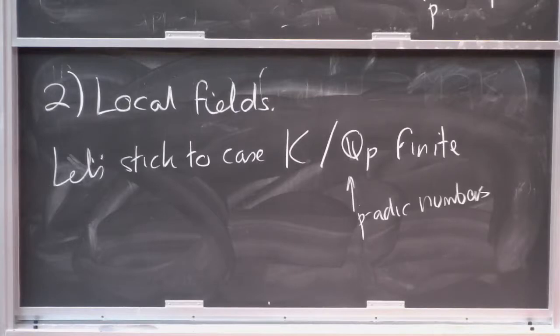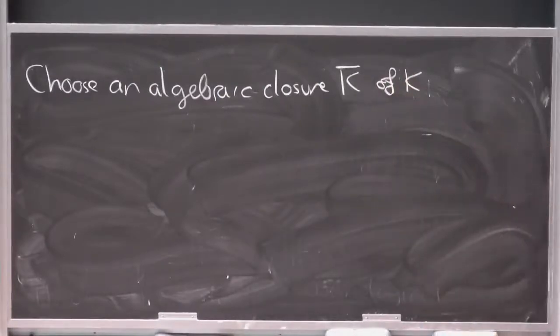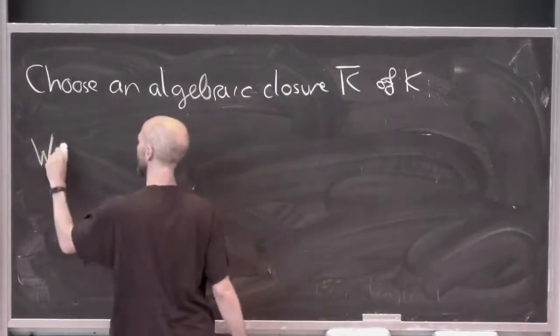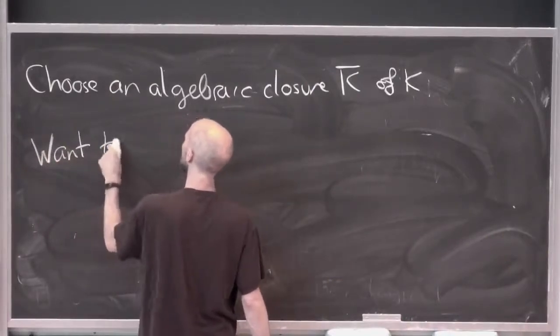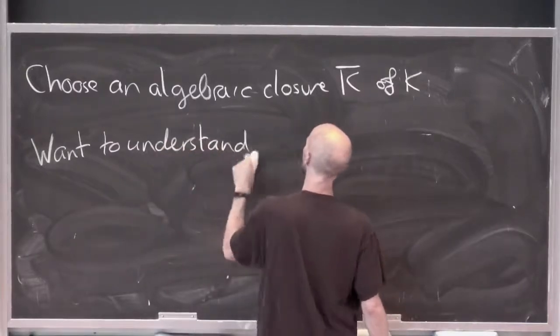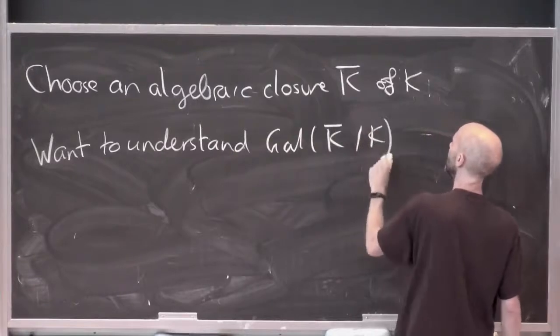So choose an algebraic closure K-bar of K. And now what we want to do is understand Gal(K-bar over K).